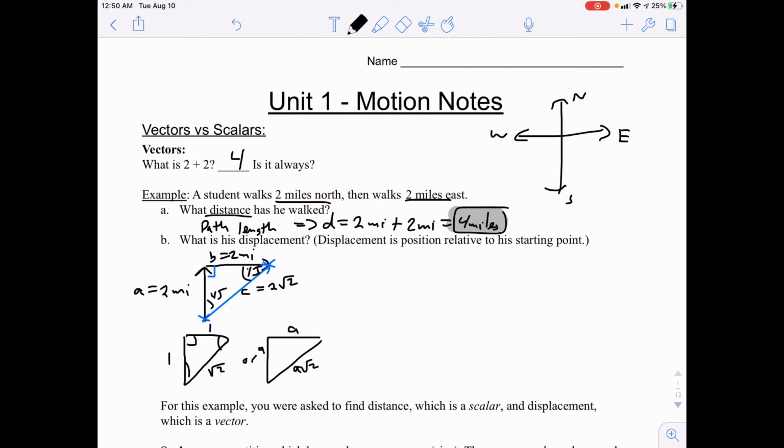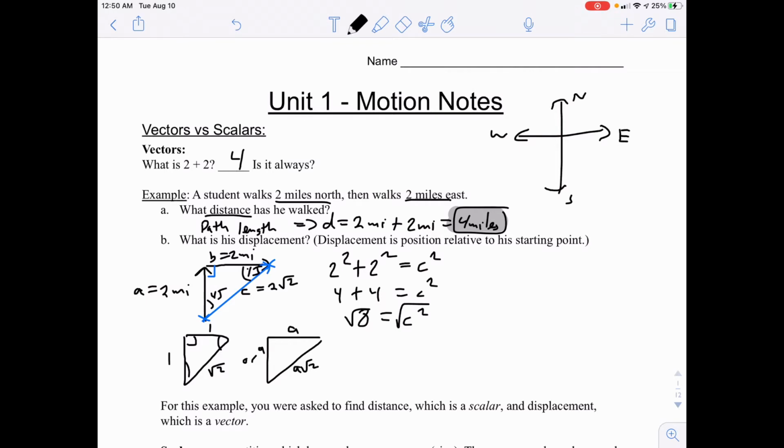If we use Pythagorean theorem, we'd have 2 squared plus 2 squared equals C squared, which is 4 plus 4 equals C squared, which is 8 equals C squared. Now, you know that if you take the square root to figure out what C is, C is the square root of 8.